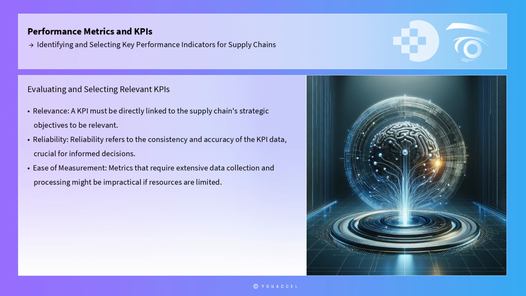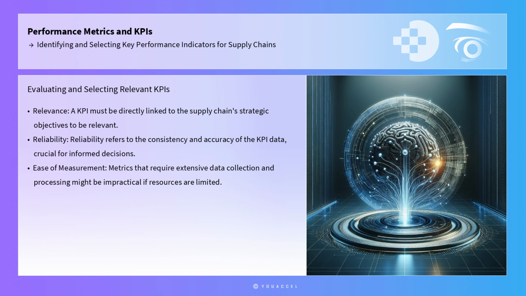Once potential KPIs have been identified, the next step is to evaluate and select the most relevant ones. This involves assessing each KPI's relevance, reliability, and ease of measurement. A KPI must be directly linked to the supply chain's strategic objectives to be relevant. For example, if the strategic goal is to increase customer satisfaction, relevant KPIs might include on-time delivery rate and customer order cycle time.